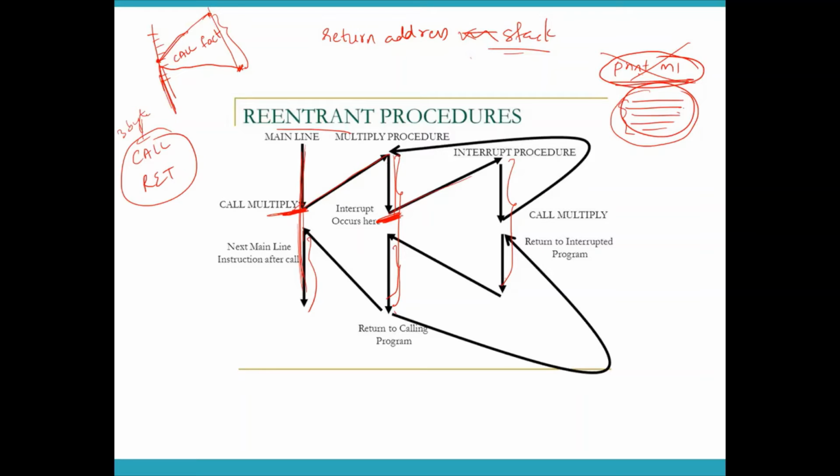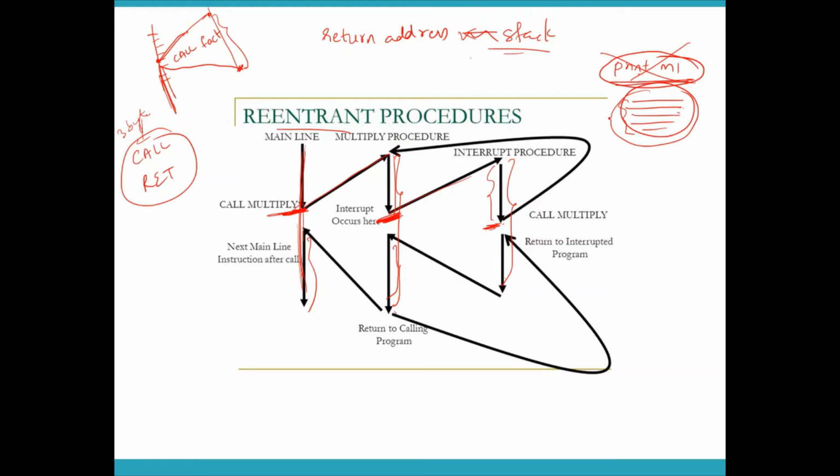For example, if you look at this diagram here, you are executing a program, and from there you made a call to the multiply procedure. While you were executing this multiplication procedure, an interrupt came, so you went to execute the interrupt. In the interrupt's service routine, you are again making a call to multiply. So when the interrupt procedure reaches halfway, there is a call to multiply in the program.